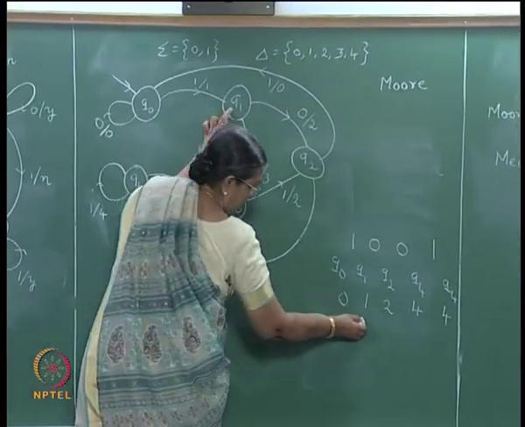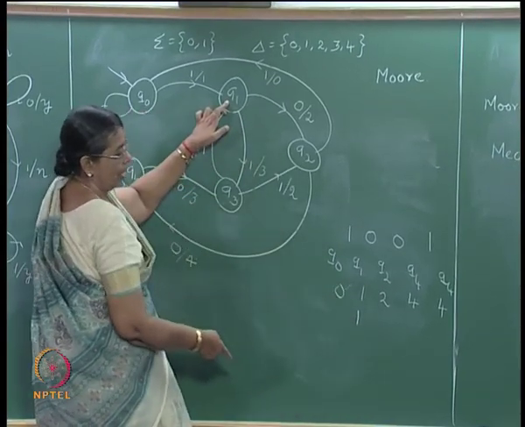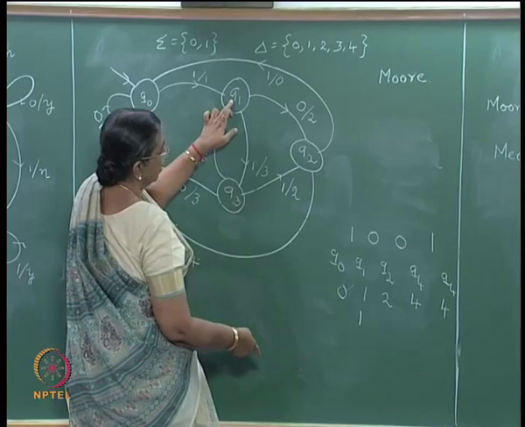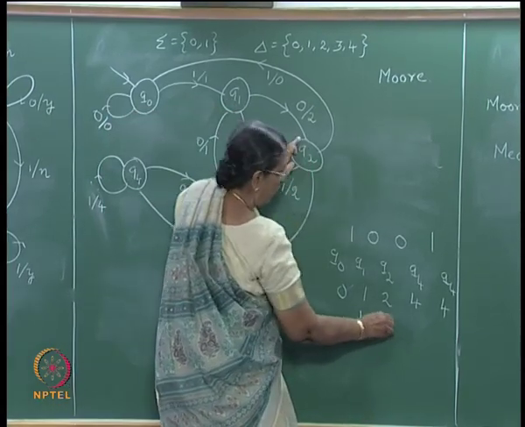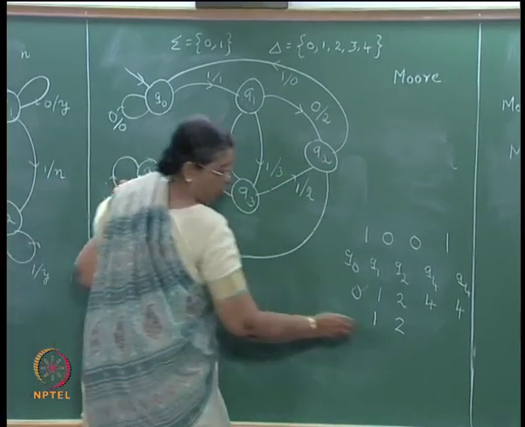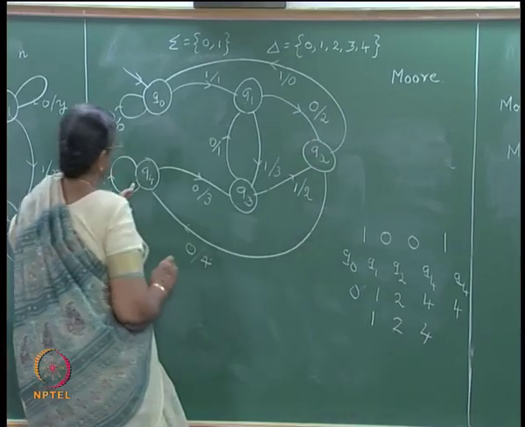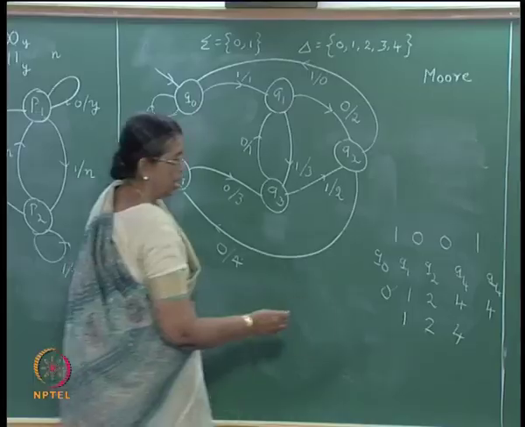The first output we do not have in the case of a Mealy machine. Q1 with 1 gives output 1, then 1 with 0, this is 2, then 2 with 0, output is 4, then Q4 with 1, output is again 1.